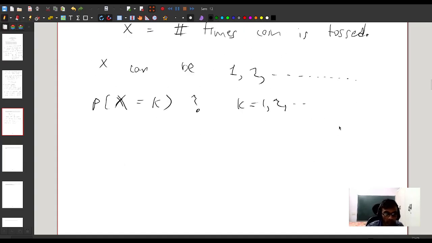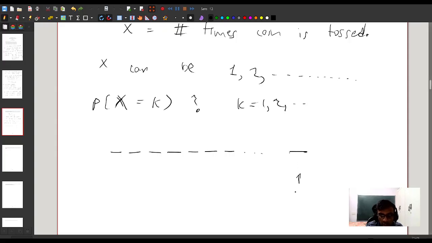For such an event to occur, for this random variable x to be equal to k, this is how it should go. The kth time we should get a head, and after that we stop the experiment.